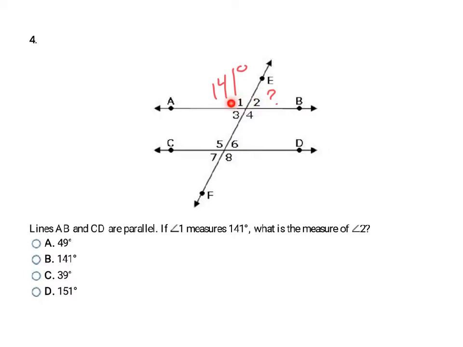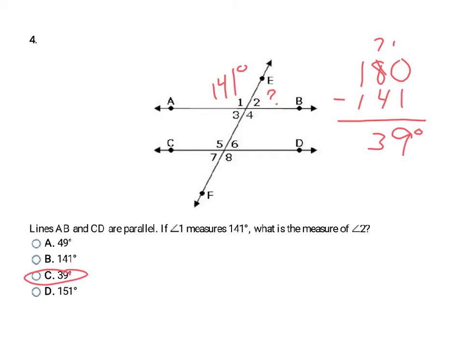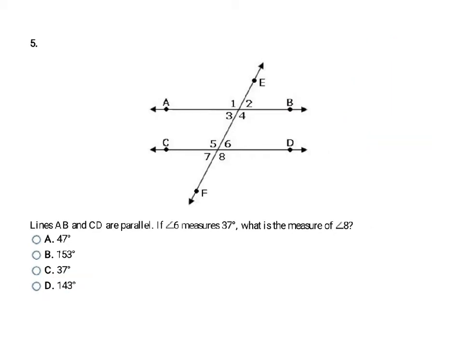Well, angle 1 and angle 2 form a linear pair, so that means they have to add to 180. So to get the measurement of angle 2, I'm going to have to subtract 141 from 180. And when I do that, I get 39 degrees is the measure of angle 2, which is choice C.